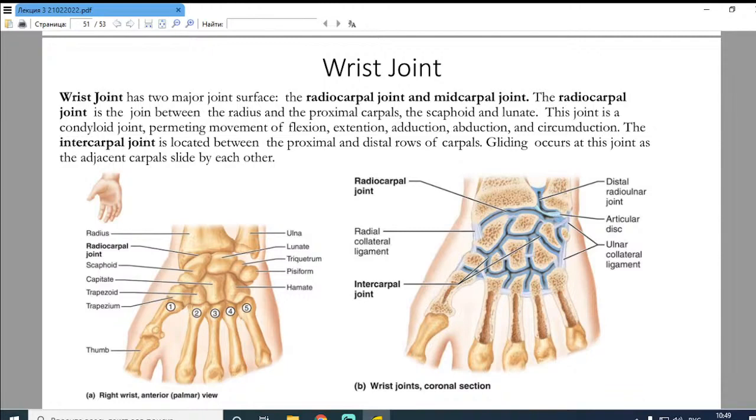The intercarpal joint, what do you see? The radiocarpal joint at the wrist joint. You see the radius, os scaphoideum, and os lunatum. And next, the intercarpal joint. The intercarpal joint has an S-shape.